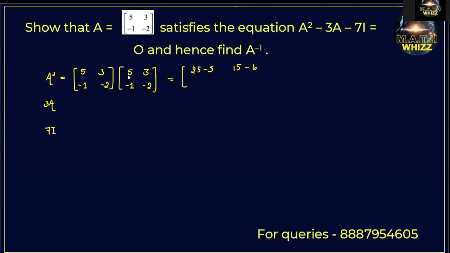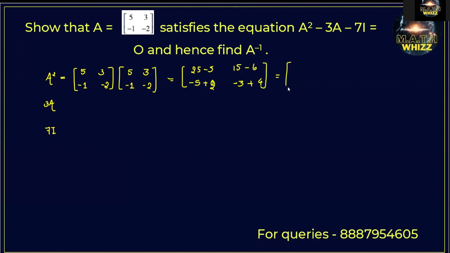Minus 1 times 5 is minus 5, and minus 2 times minus 1 is plus 2. And minus 1 times 3 is minus 3, and minus 2 times minus 2 is 4.